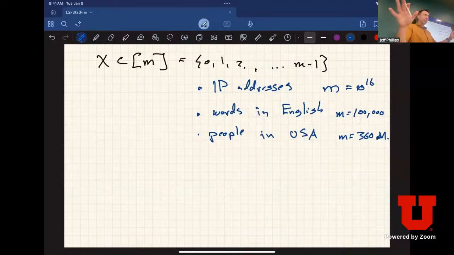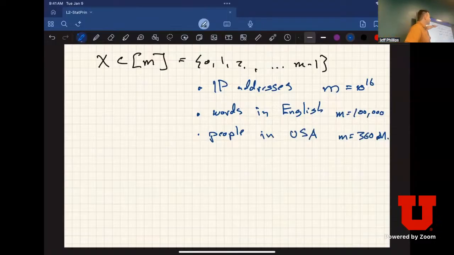The US does a census every 10 years and tries to count every single person. And then I want to be able to poll a random person, right? To understand something about the sentiment of the country. I'm trying to ask one person out of 360 million people, right?